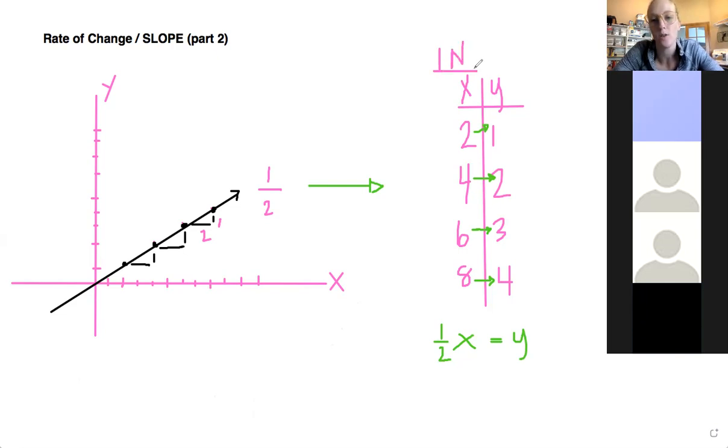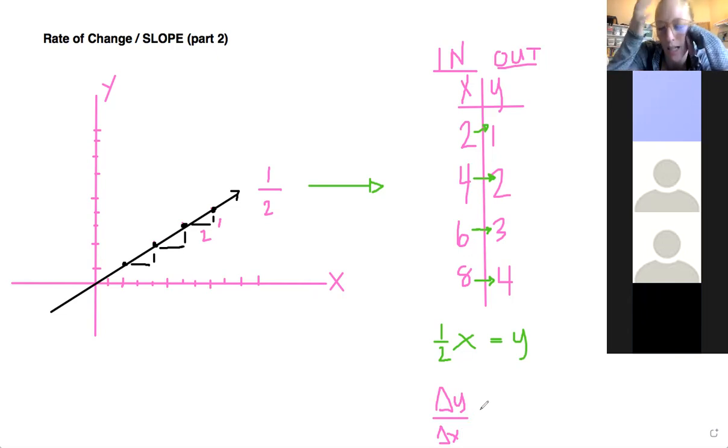I want to show what goes in first and then show what comes out. Rate of change, though, is the relationship between our output and our input, so the rate of change is the reverse. I actually don't know why the y has to go on top. I think I was supposed to look that up for you guys. Let me think, hold on, let me search my math brain. Why does the y have to go on top?